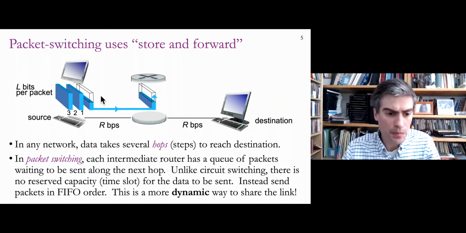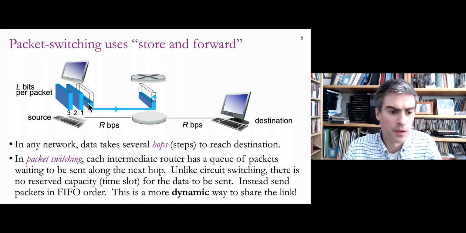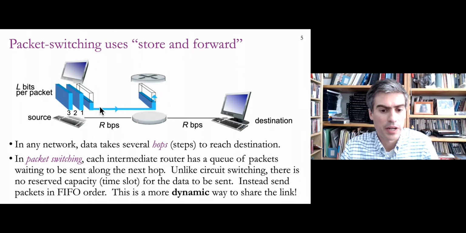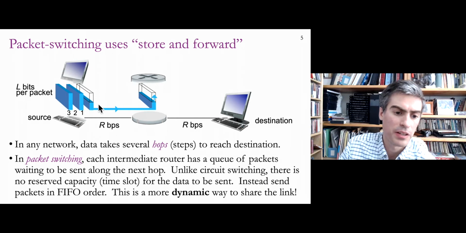So this first piece of the data is transferred from the source to this intermediate router using that link model we talked about before, 1 bit at a time, at whatever bit rate the link supports.